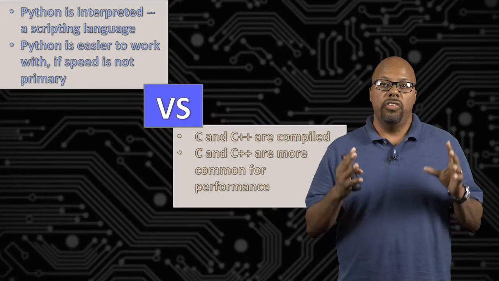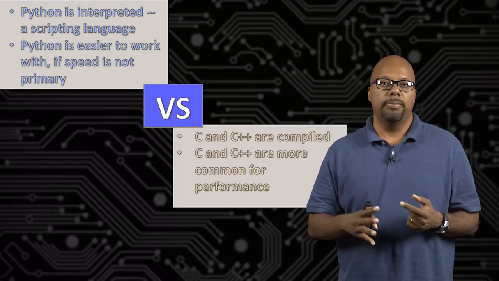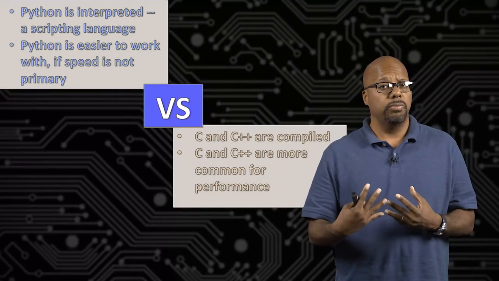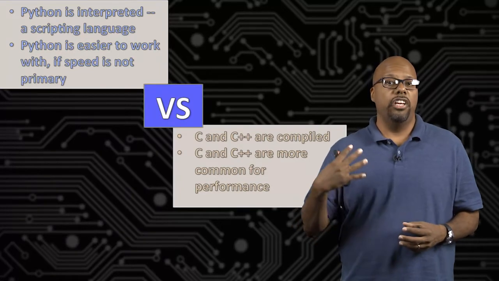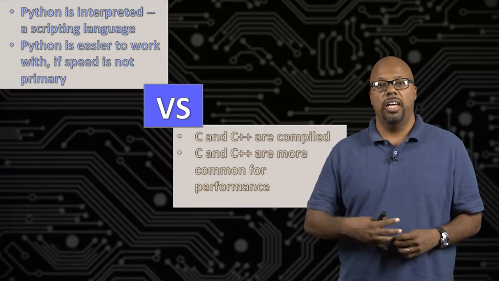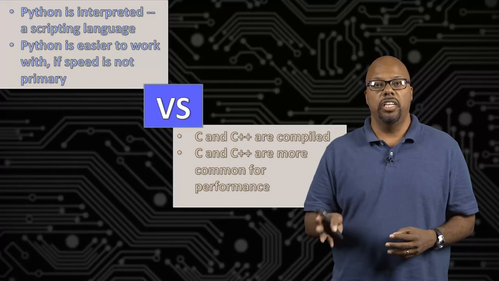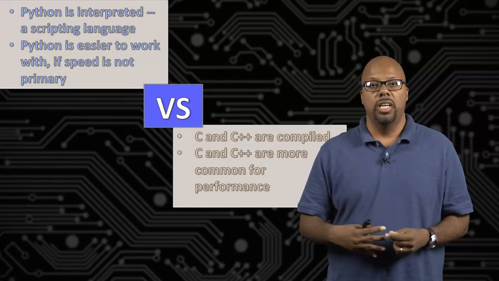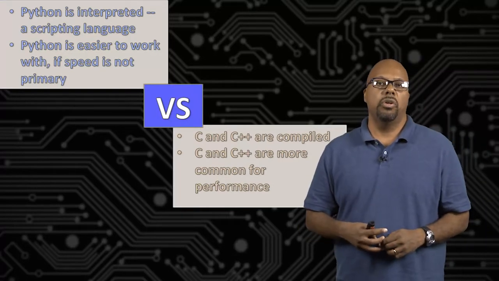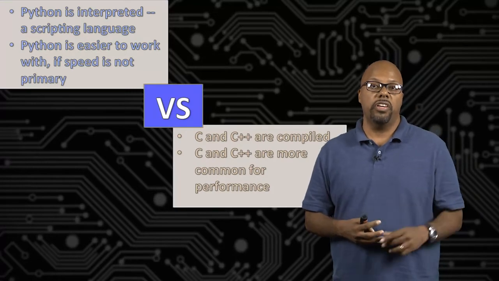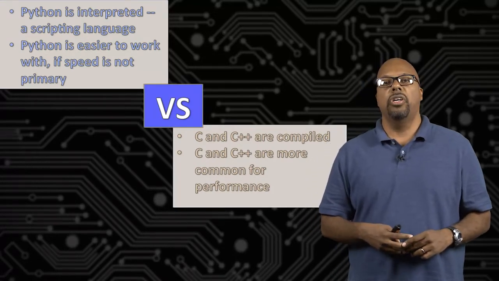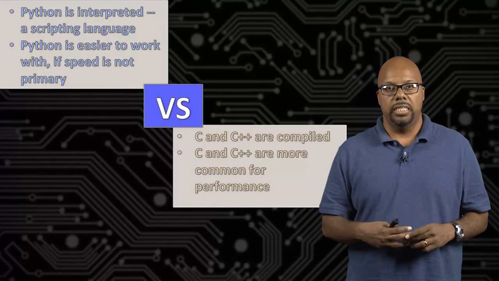So you write the code, you compile it once, and then you get an executable, which is machine code plus extra information, and you only execute the machine code. You don't have to do the interpretation at runtime. So as a result, C, C++ programs are generally a lot faster than Python programs, but the programmer has to deal with a lot more details.